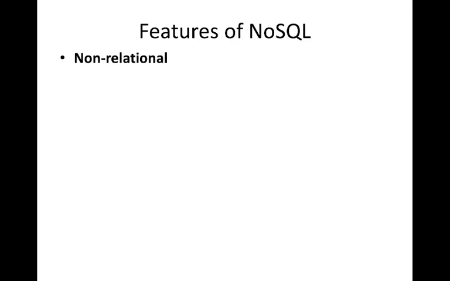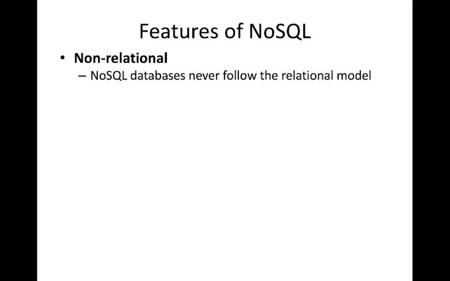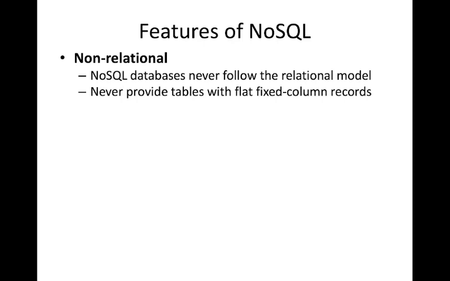We'll see some of the features of NoSQL. The first one is non-relational. We have already seen it is a non-relational database. That is, NoSQL databases never follow the relational model. It never provides tables with flat fixed column records. There are no fixed column records in NoSQL.